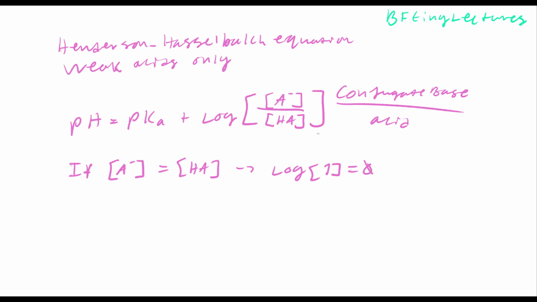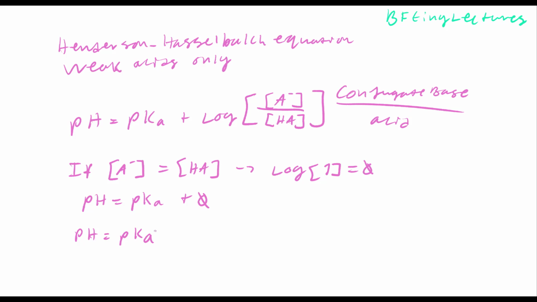So the pH is equal to the pKa plus 0, which means that the pH is equal to the pKa. But that only occurs whenever that conjugate base is in equilibrium with the acid. Not all the time, but sometimes it happens, okay? So there you go.